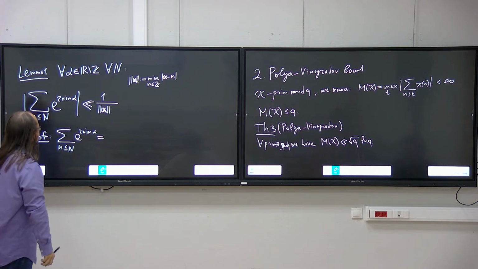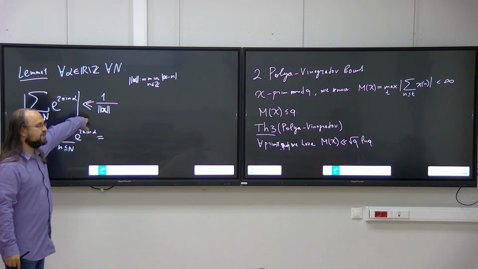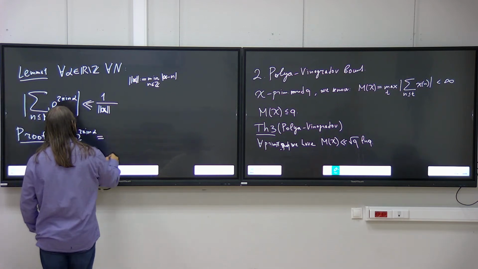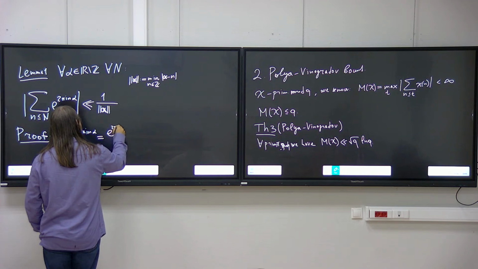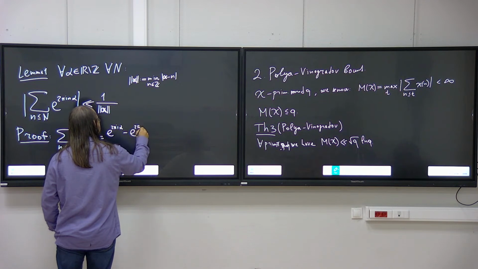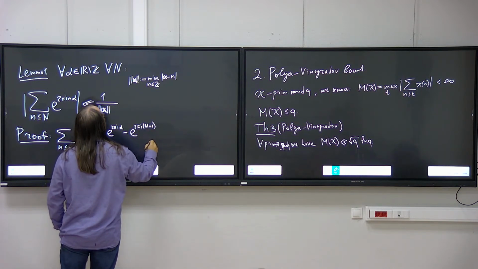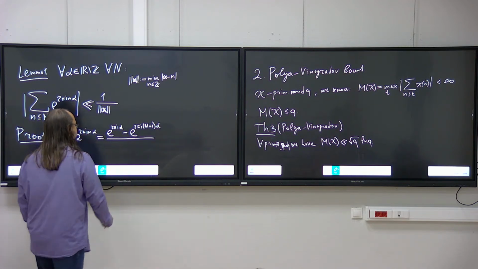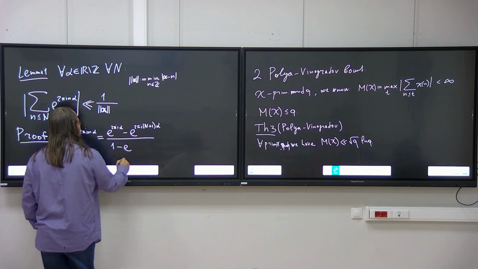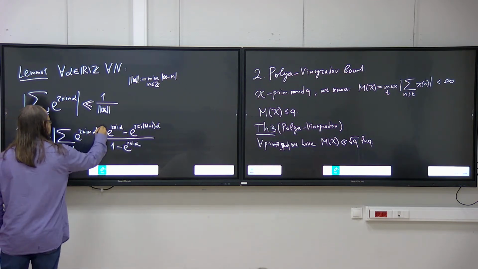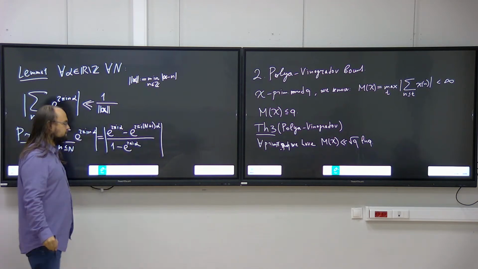So you get e to the power 2 pi i alpha minus e to the power 2 pi i (N plus 1) alpha. We assume that N is an integer, of course, divided by 1 minus e to the 2 pi i alpha. Now let us take the absolute value, and now what are we going to see?